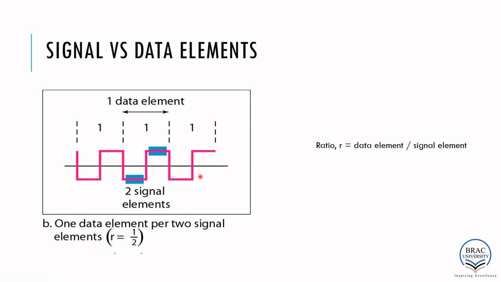In the next scenario, you have two signal elements carrying one piece of data, right? So one is here represented by this signal. So the ratio is going to be 1 to 2 because two signal elements are carrying one data.